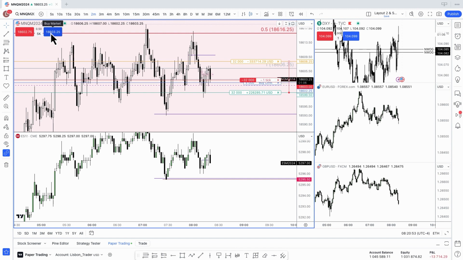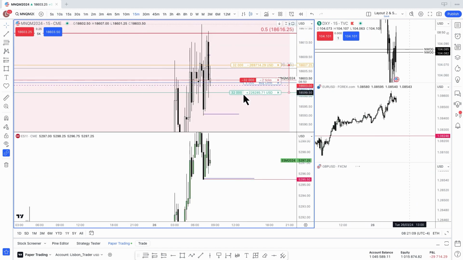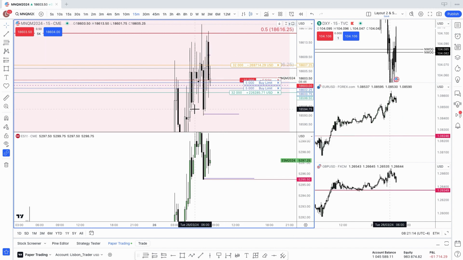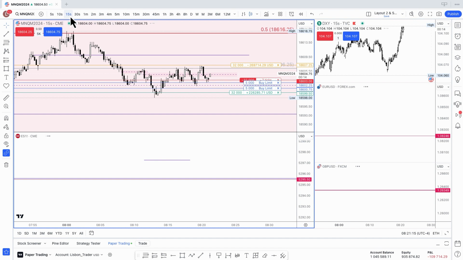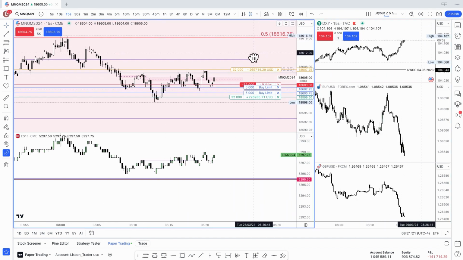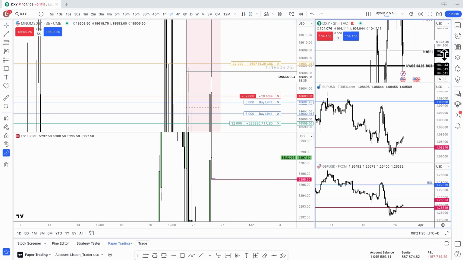Reducing risk levels. The DXY is really pushing higher. There.